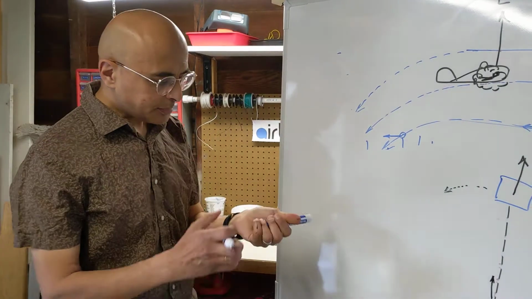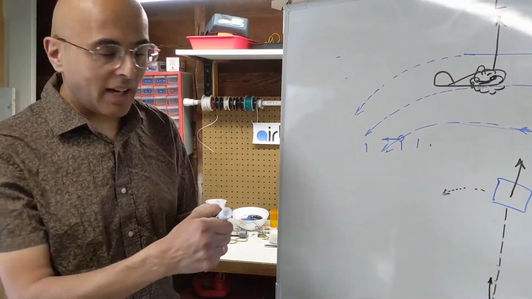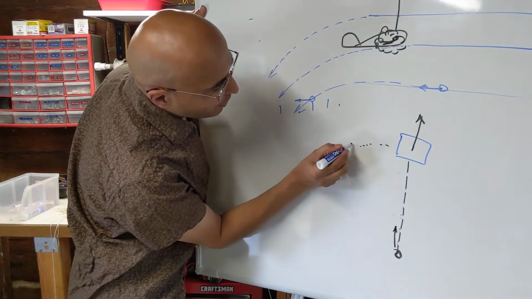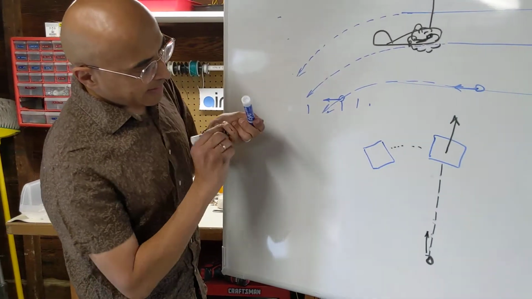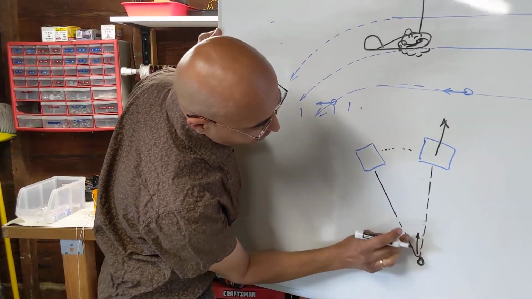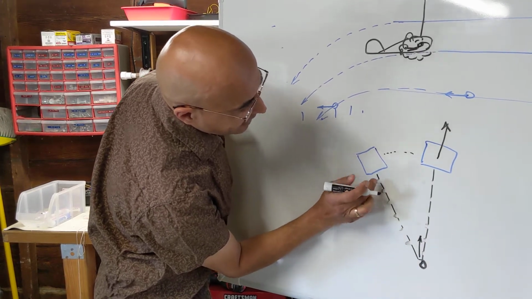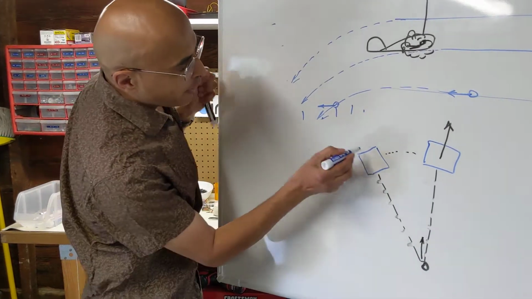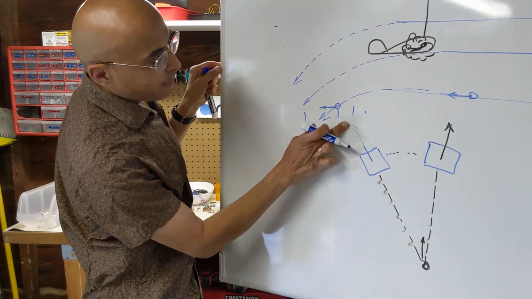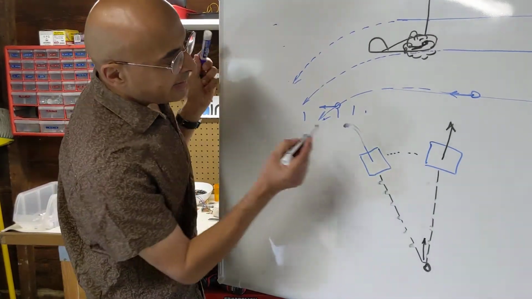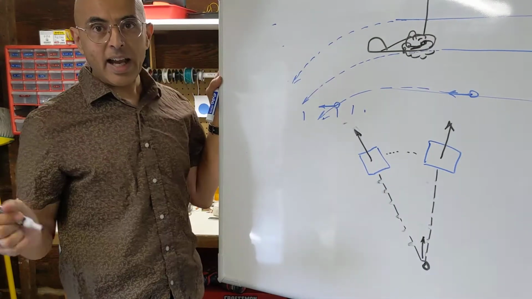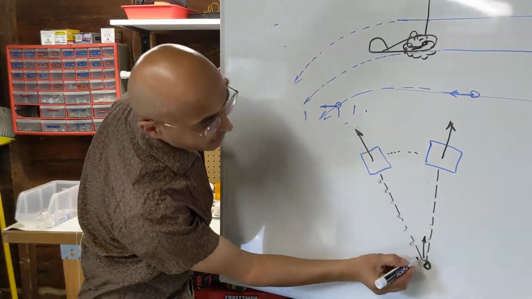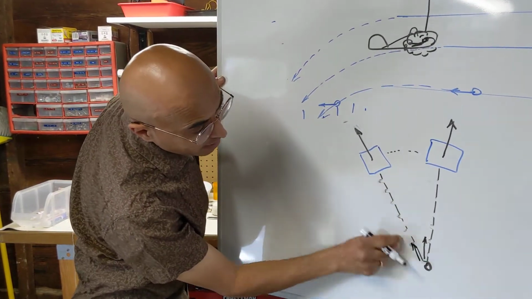Now let's fast forward time a little bit more. This parcel of air has now proceeded to over here. It is still attached to this string. It is still pulling upwards by centrifugal force, right? And in which direction is this force from this parcel acting on my pivot point? This way, along the string.